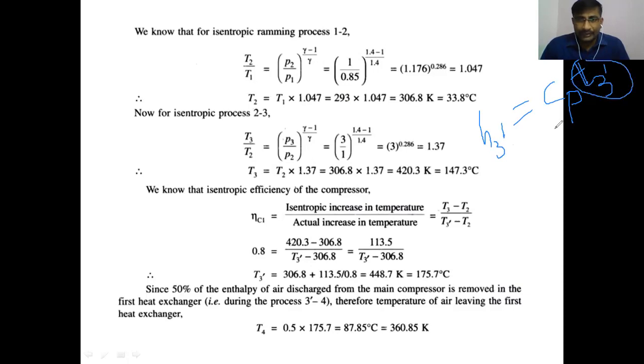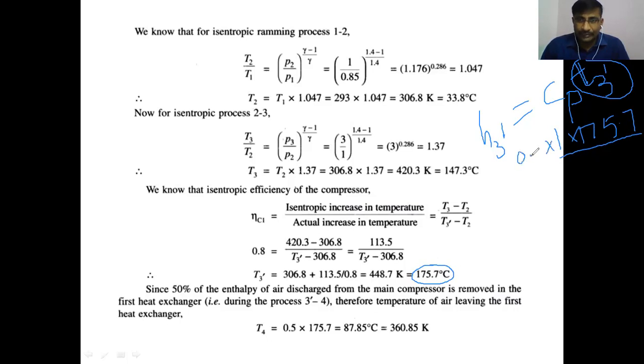We know that the Cp value is 1 and t3 dash in degrees centigrade is 175.7. So 1 into 175.7 is the enthalpy at 3 dash. Out of this, 50% is removed in the first heat exchanger.